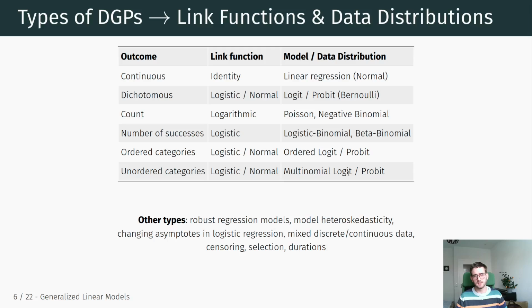Obviously in this course we can't go through each individual model in as much detail as we did for linear regression and logistic regression. The key here is to understand that they all follow a similar structure. The underlying strategy in modeling the data generating process using different link functions and different data distributions is always the same, right?